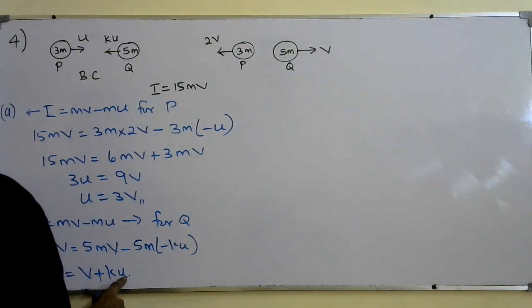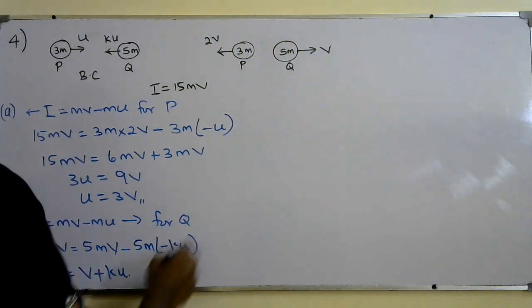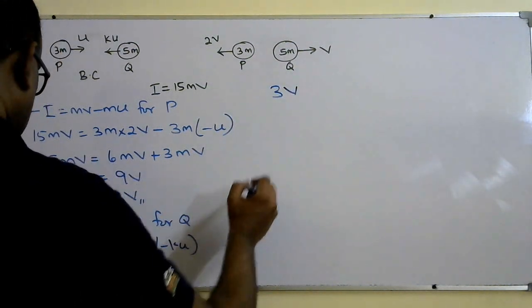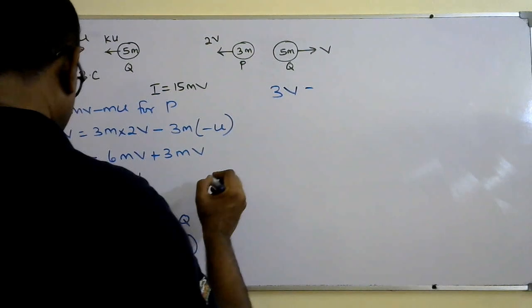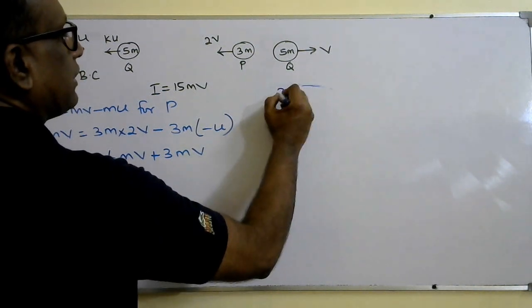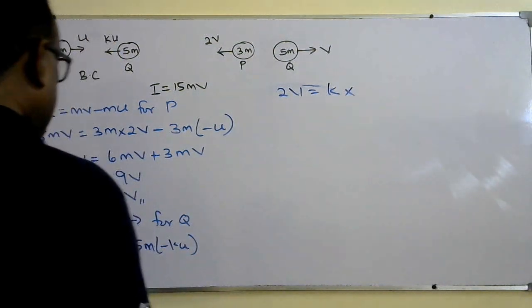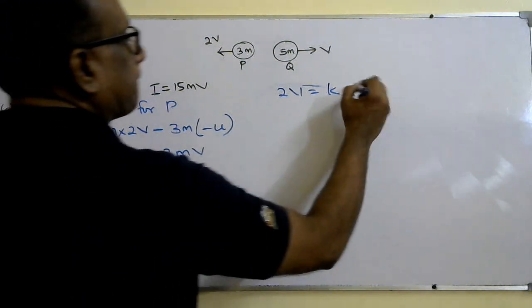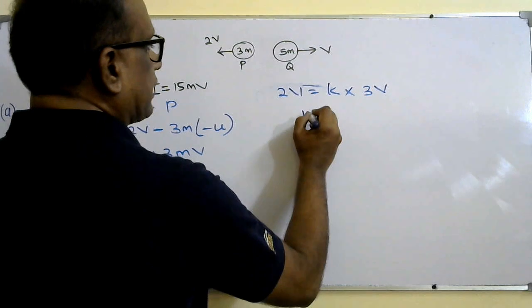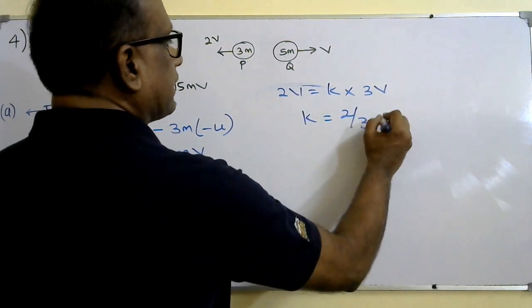So here u, here v, here v. So instead of u, substitute 3v here. So if I continue here, 3v minus v is 2v. So 2v is equal to k into, instead of u, put 3v. So k is going to be 2 by 3.